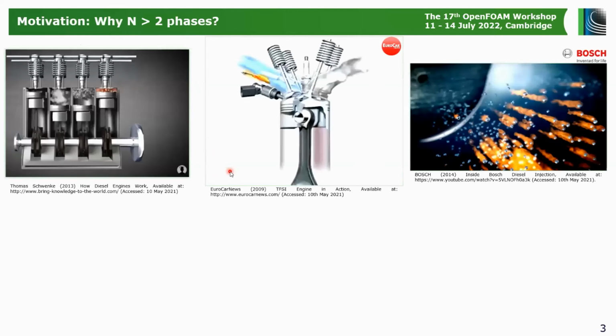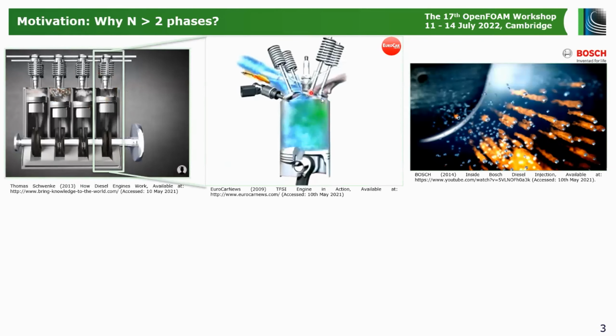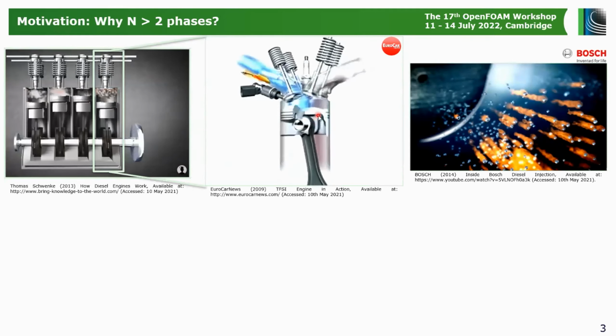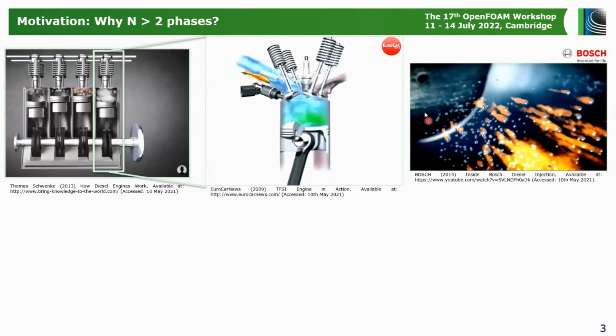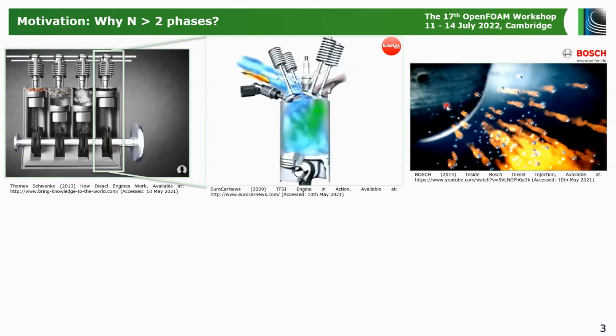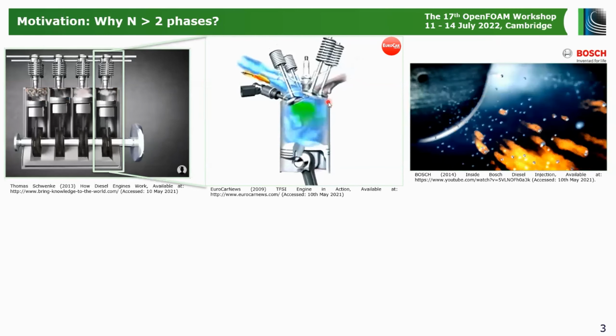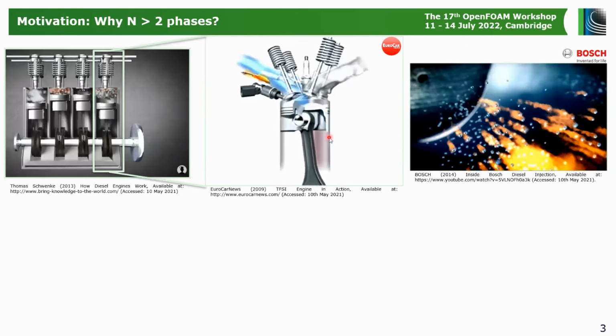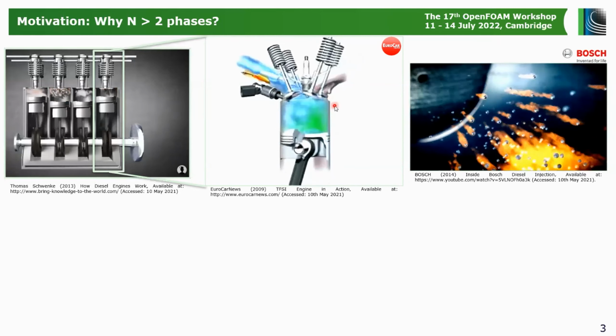So a bit of motivation: why more than 2 phases in the computational domain. In the collaborative research center that I'm in, we are considering 2 industrial examples. One of them is an internal combustion engine. If we focus on an individual cylinder, during the intake stroke the fuel is sprayed inside the combustion region and atomized into tiny high speed droplets. These droplets will collide with the lubricating oil film on the wall of the piston.